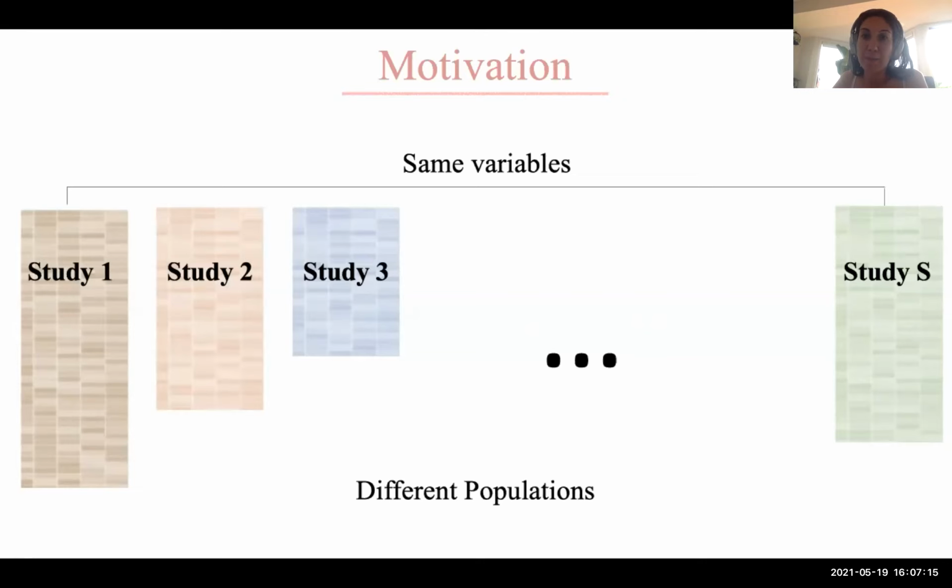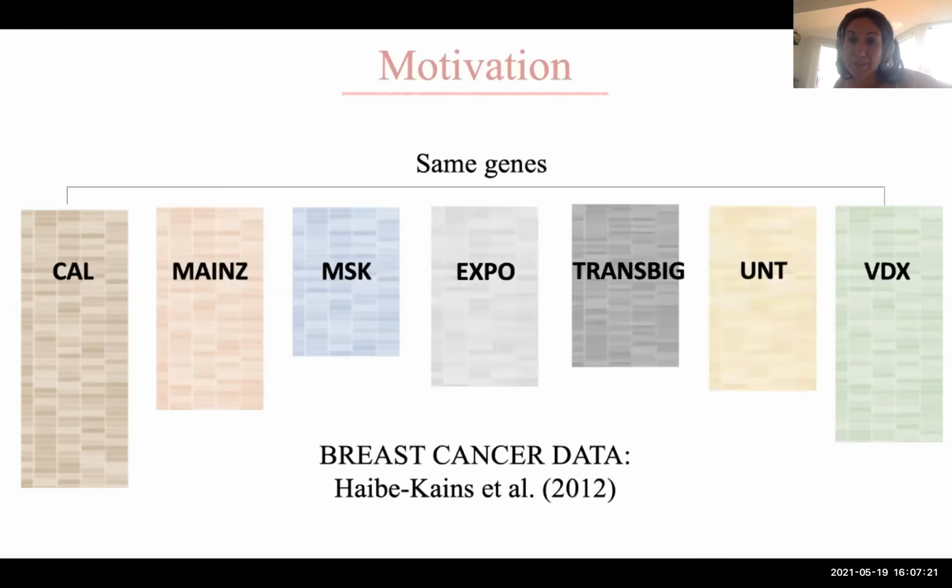So let me give you some examples of where in the data world you can find this type of data. You can find this data in microarray gene expression data. Here, for example, we have the breast cancer data, and what we have is exactly the same gene expression measured across 7 different data sets.